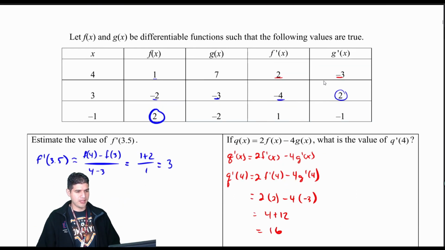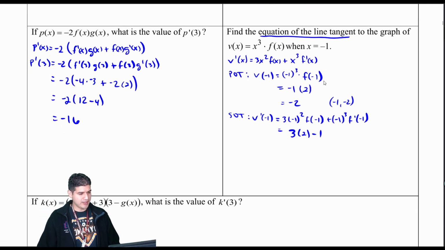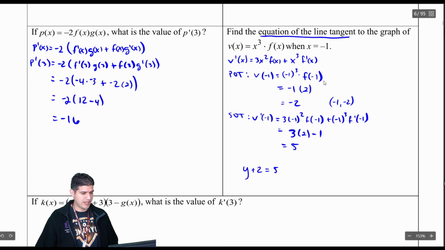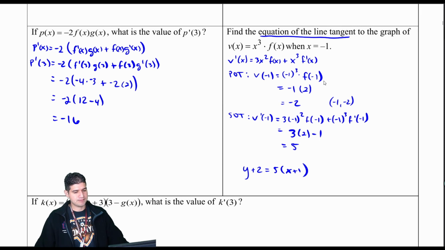Get that from up here. So f prime of negative 1, that's going to be 1. So minus 1. So I get 6 minus 1, which is 5. And now I can write the equation of my tangent line. So that's going to be y plus 2 equals 5 times x plus 1. And that's going to be the equation of my tangent line here.